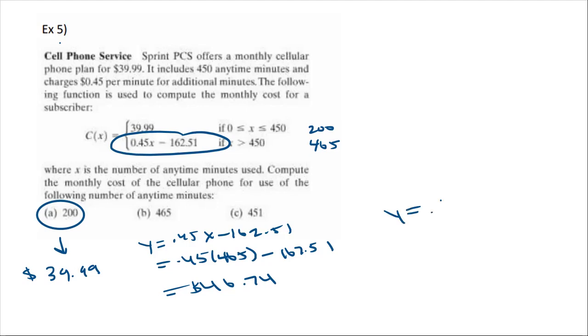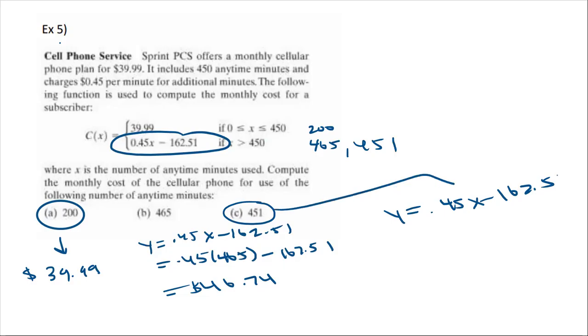And then the last one here is we want 451, right? So y is equal to 0.45x minus 162.51. And we want 451, so we're going to plug that in for x.